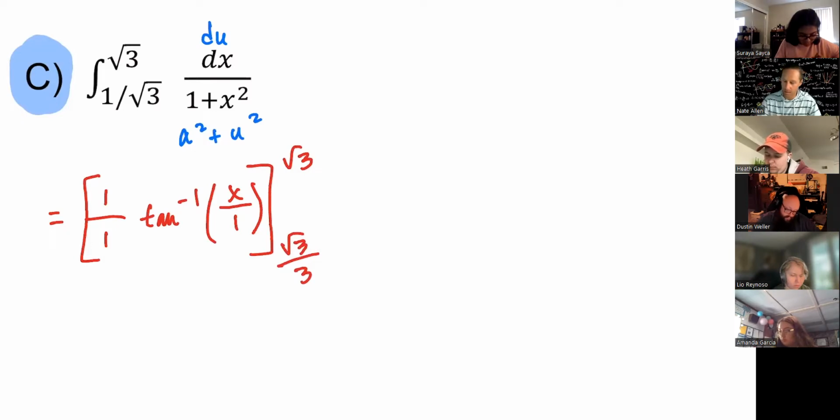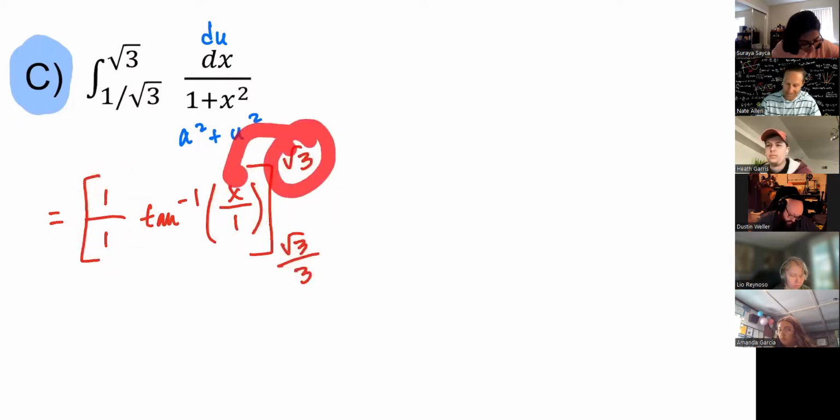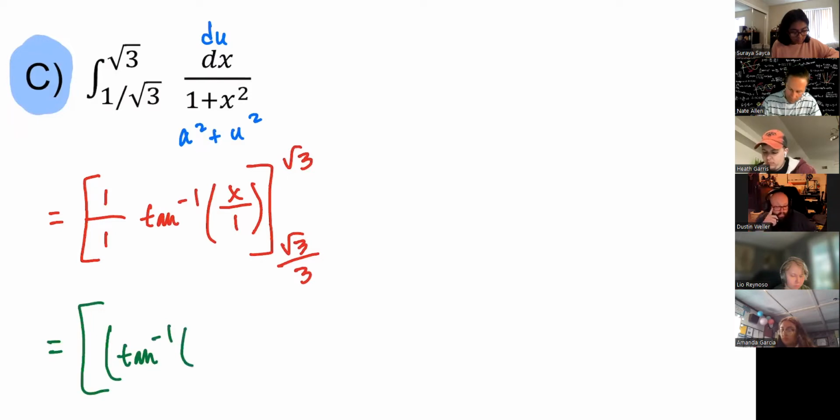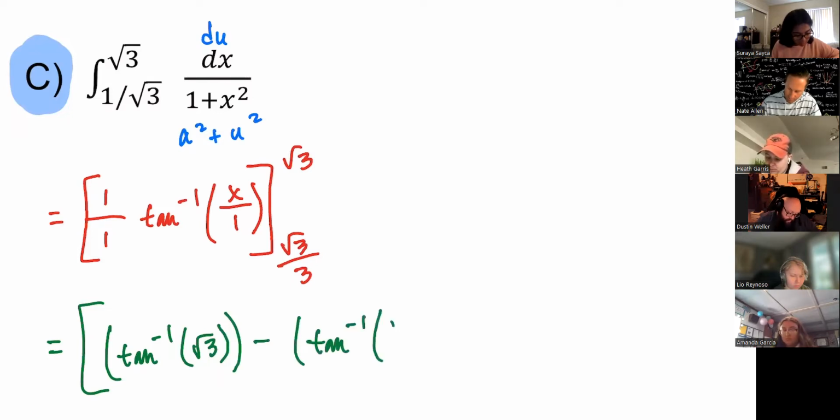So normally we would have been done. If it was indefinite, we would have just put plus C and cleaned up our ones and our fractions and all that. But now we have to put this in place of X and this in place of X. Which means I'm going to end up having the inverse tan of root 3 minus the inverse tan of root 3 over 3.